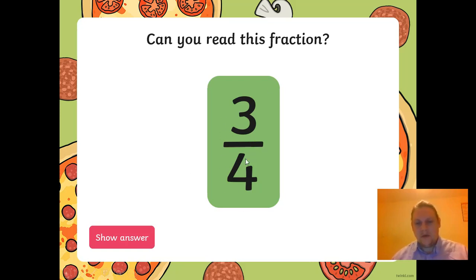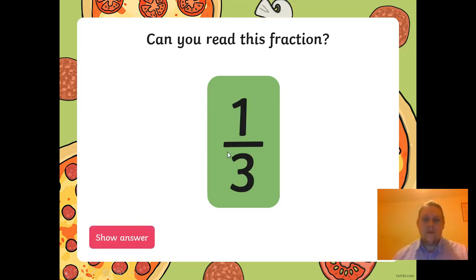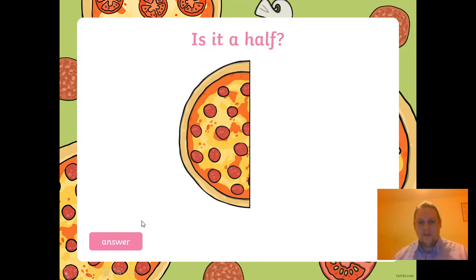Can we read this fraction? Do you remember what it's called if we've got 4 equal pieces? It's called quarters. So this would be 3/4. What sort of fraction is it if we've got 3 at the bottom? That is thirds. And on this occasion we've got 1/3. Is this a half?